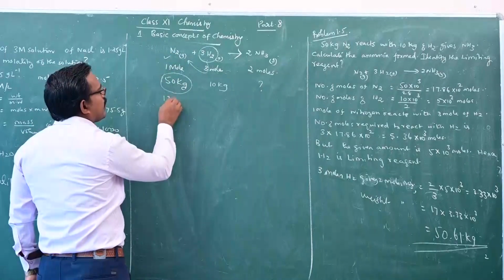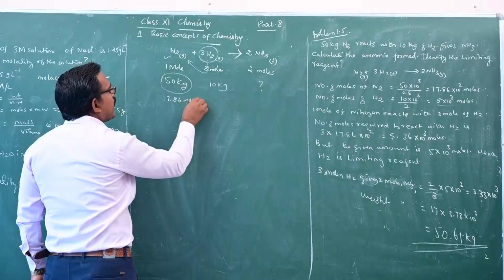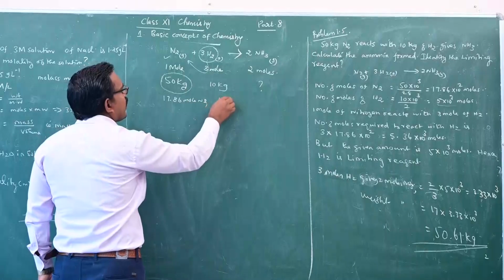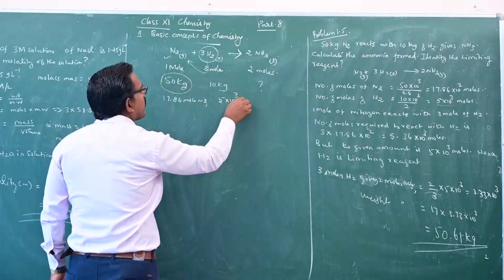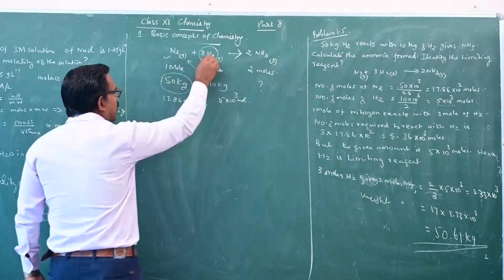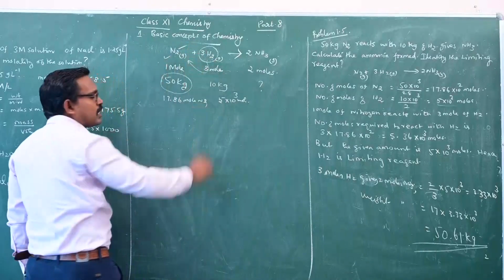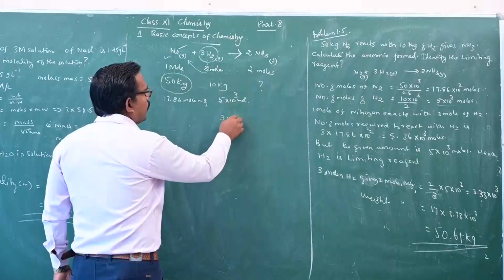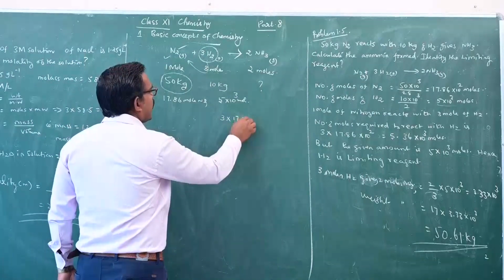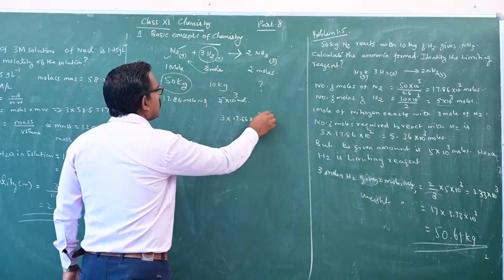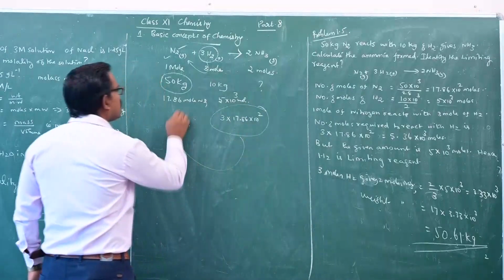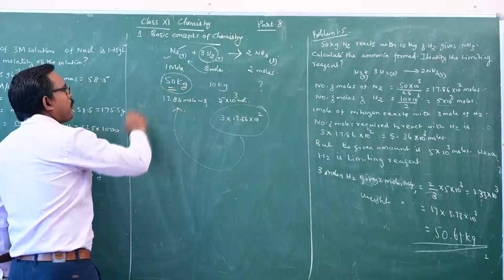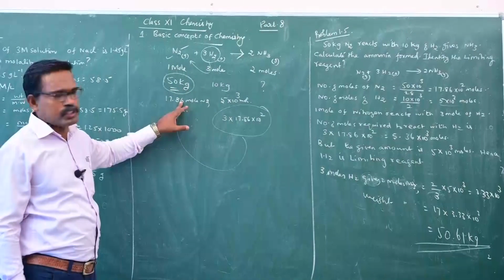Here 17.86 into 10 to the power 2 moles of nitrogen is present and 5 into 10 to the power 3 moles of hydrogen is there. But 3 moles of hydrogen react per mole of nitrogen, so 3 into 17.86 into 10 to the power 2 is required to react with 50 kilogram of nitrogen.